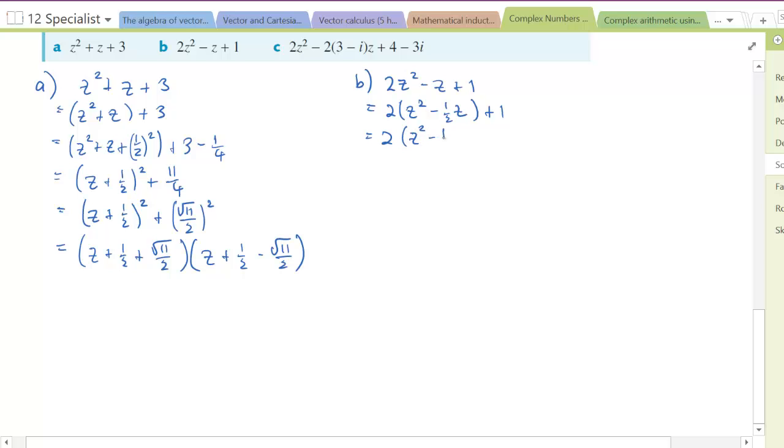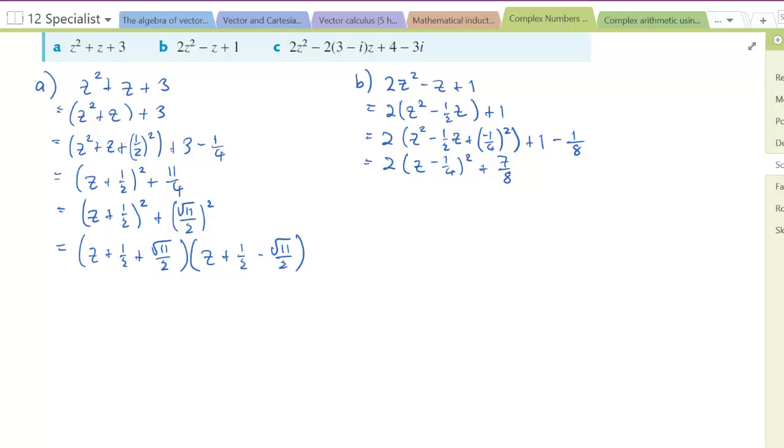Z squared, take 1/2 z, plus half of this squared, which means we're looking at (-1/4) squared. We have plus 1. Now, because we've added on 1/16 multiplied by 2, we have to subtract that out. So we're subtracting 2/16, or 1/8.